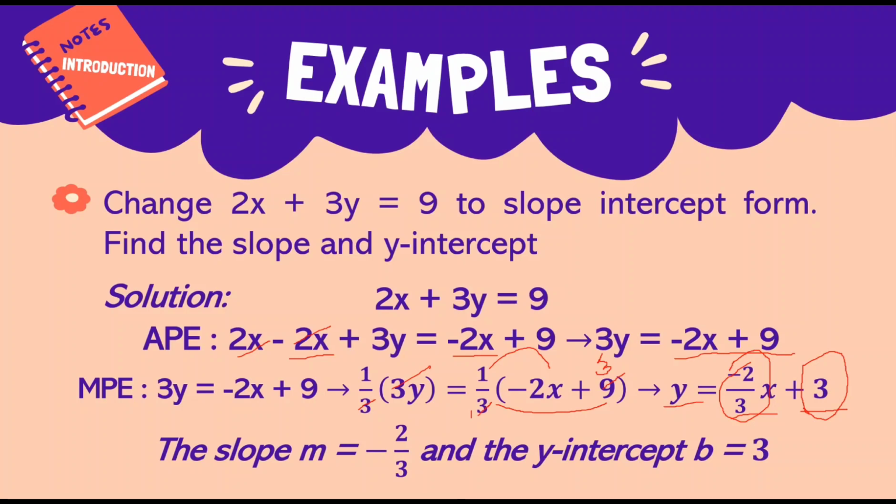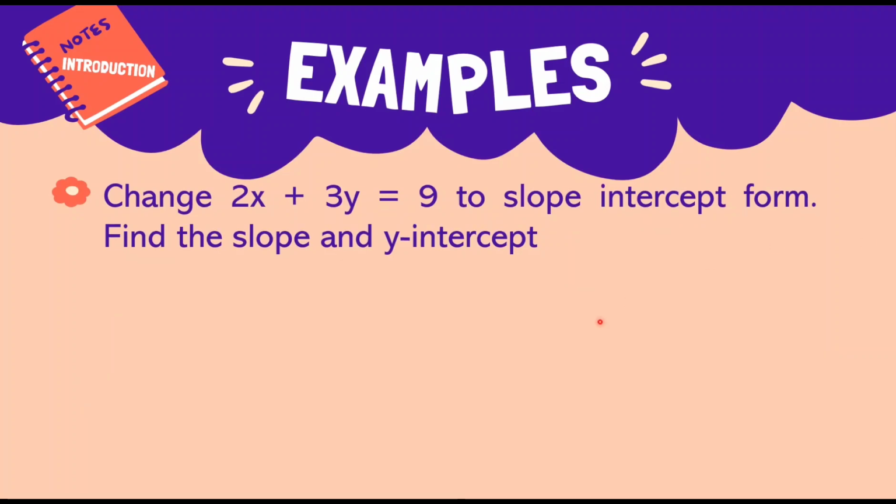Okay, so let's have another way in order for you to easily find out or rewrite the slope-intercept form. So ito yung easiest way din natin. So gaya nung ginamit natin kanina. And after that, we can find or determine the slope and the y-intercept.